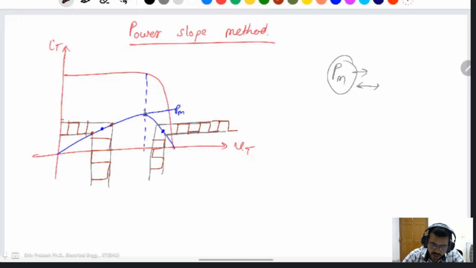At this point and this point, if you regulate this one at a point on the upper side or lower side, you will get voltages from 0 to 1, or in the form of some voltages.